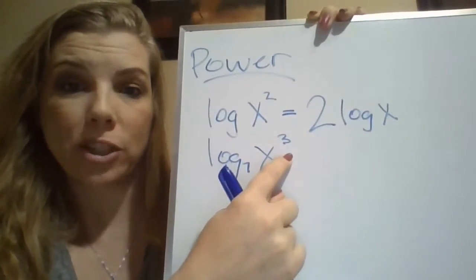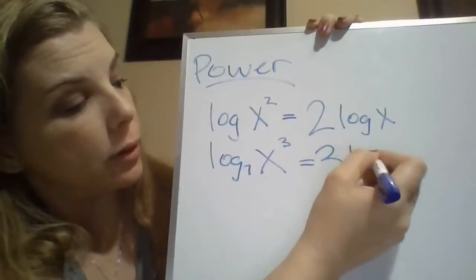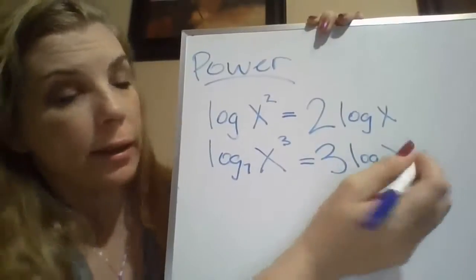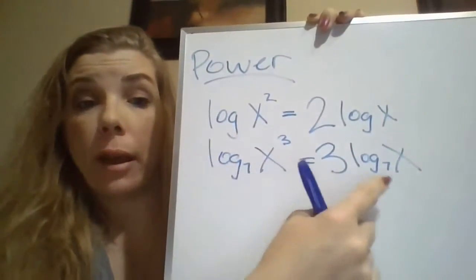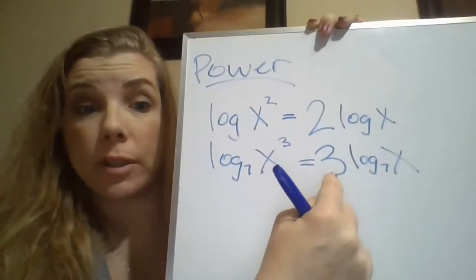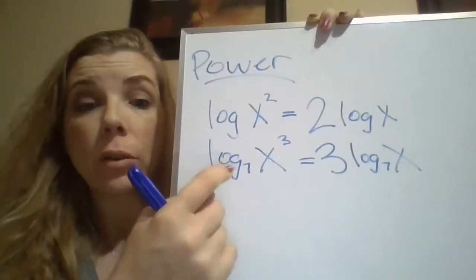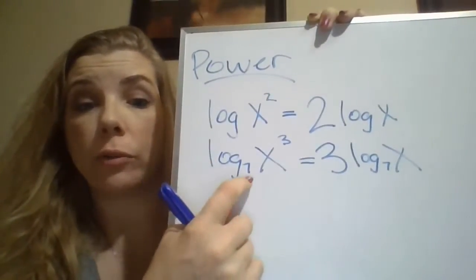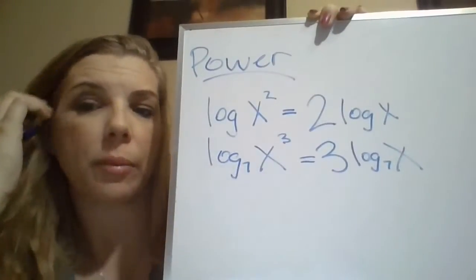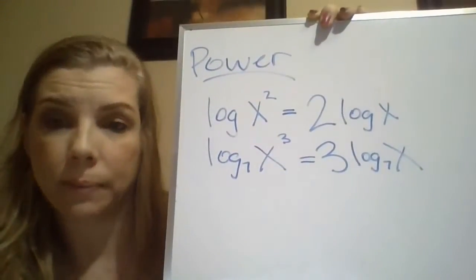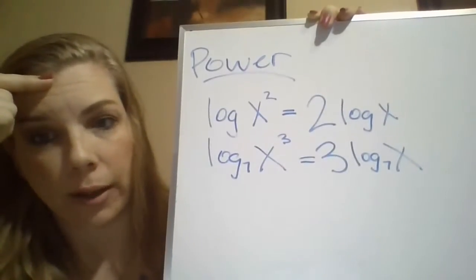All we're doing is changing things around again. 3 log 7 x. Okay? If it gives you this, all you have to do is take this outside number and put it to a power, you're good. When you need to have a number here, pay attention to the keys on IXL, because they do have a key that will help you with that. That's all for R11.